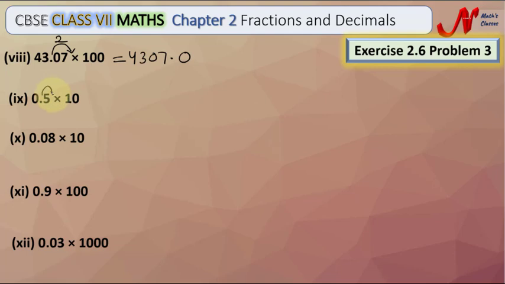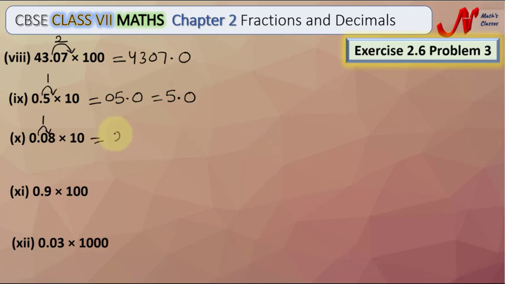So we shift the decimal point one place to the right. So it can be written as 05.0. It is nothing but 5.0. Next, 0.08 into 10. Here we have only 1 0, so we shift the decimal point one place to the right.